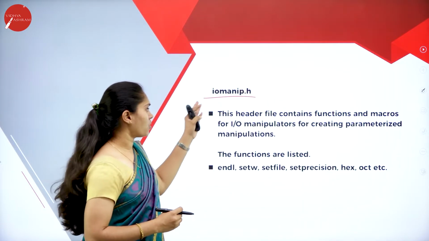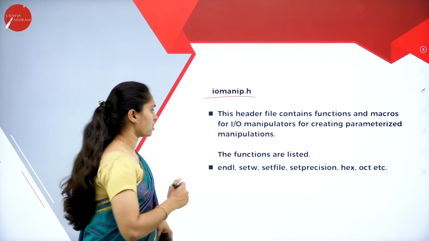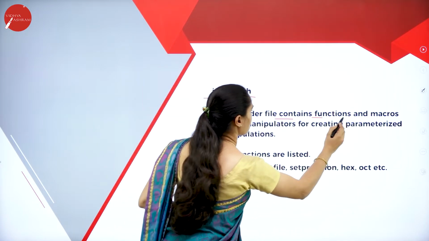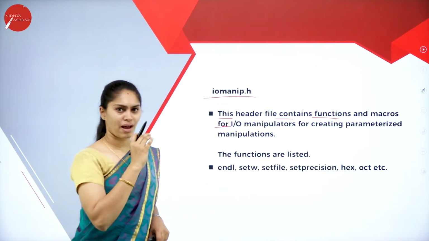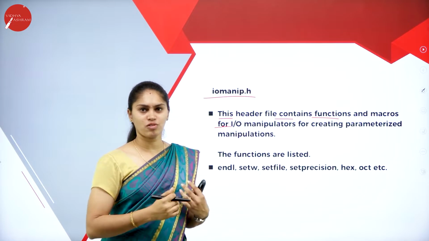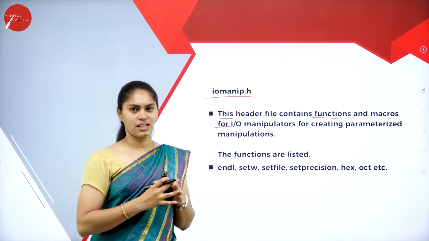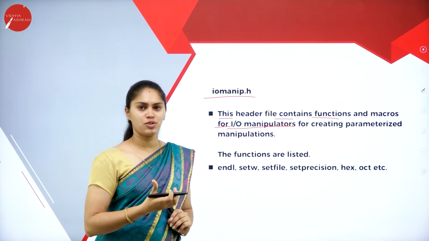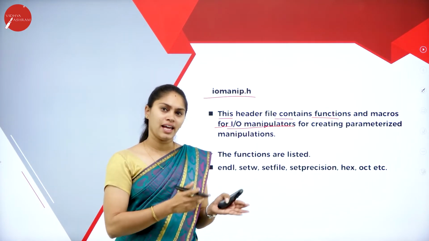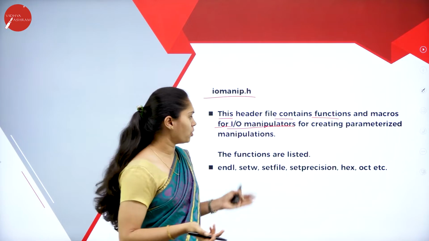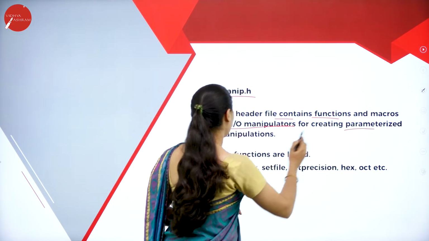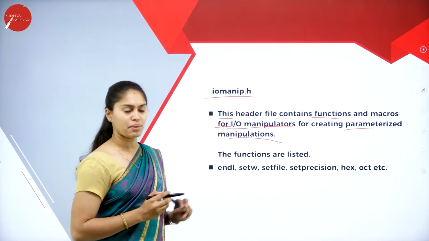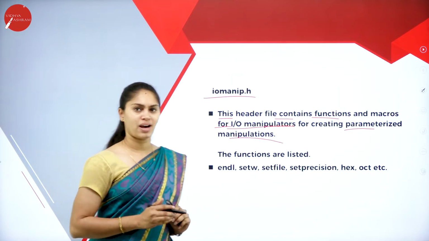This header file contains the functions and macros. Macros are nothing but a sequence of code which performs a particular task, for IO manipulators. So if I wanted to do some manipulation related to the input as well as the output, for creating parameterized manipulation, we use this iomanip.h.